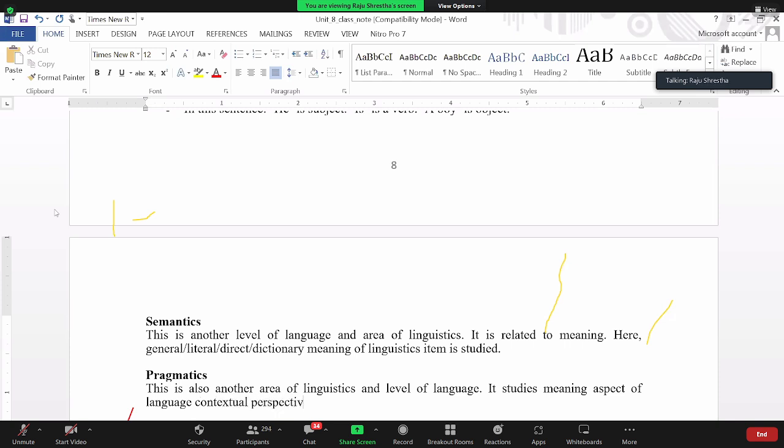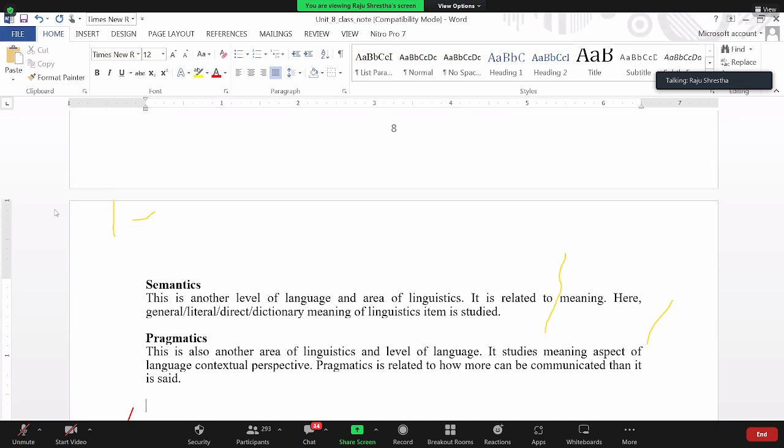It looks at it in context. Pragmatics is related to how more can be communicated than is said.